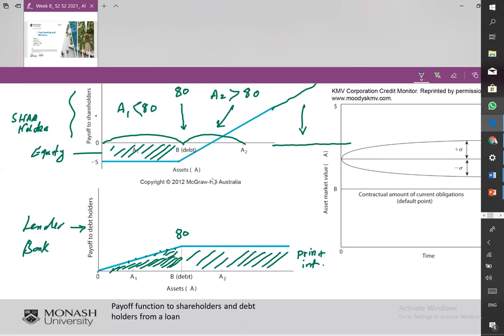So actually, this is their payoff. If the company goes over A2, they have only this fixed payoff. If the company goes under that one, this is what they will get. It depends on how much. If they liquidate here, they will get here, maybe here. It depends on when they are going to liquidate. This is the whole concept.